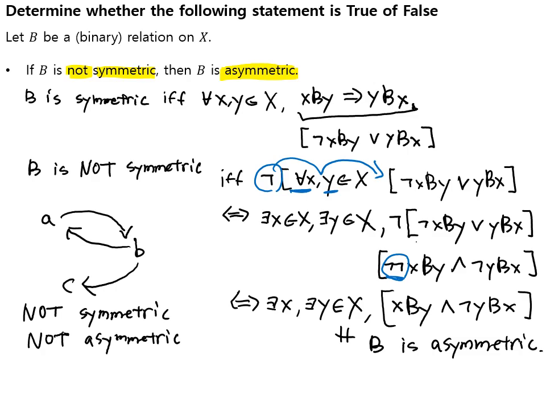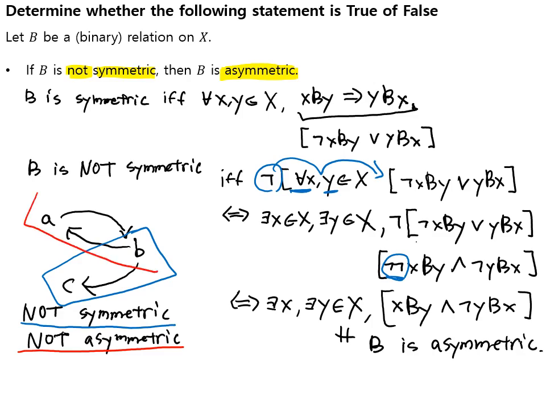So the reason why it is not symmetric is the case between B and C, and the reason why this relation is not asymmetric is because there are arrows pointing in both directions between the two elements A and B. Okay? So the answer is false.